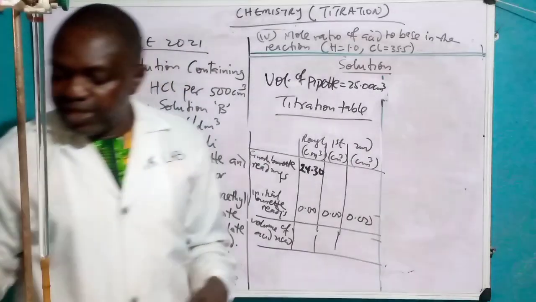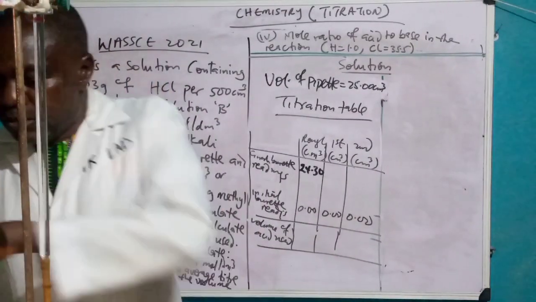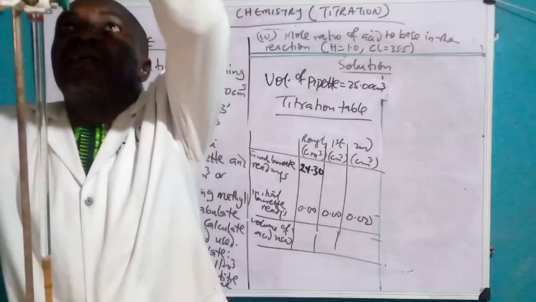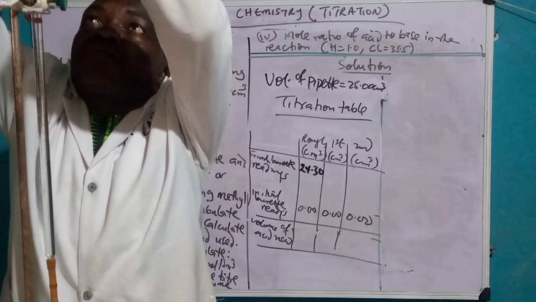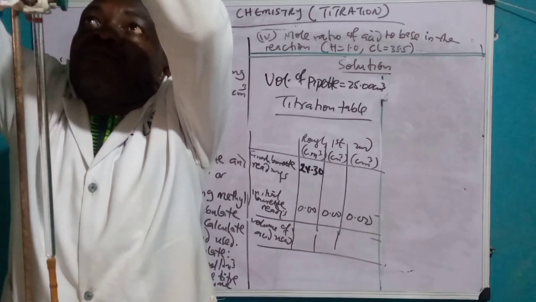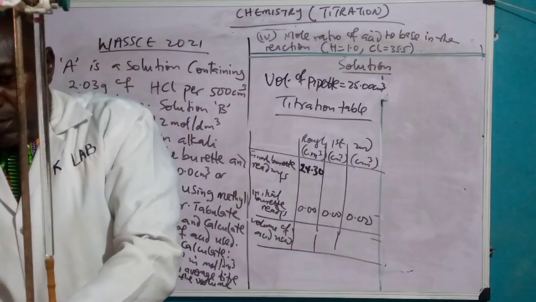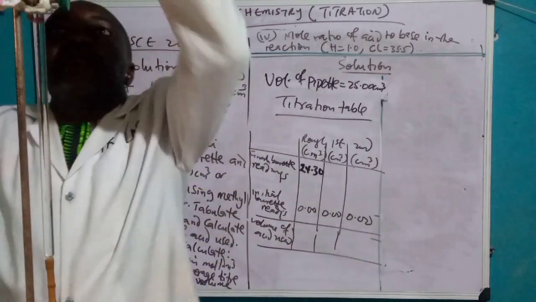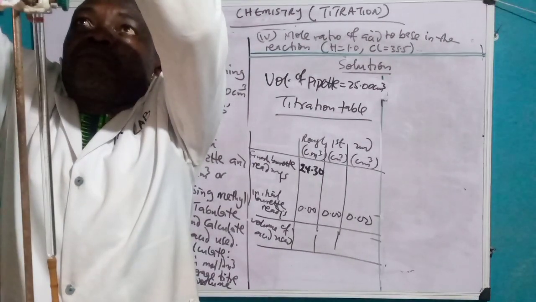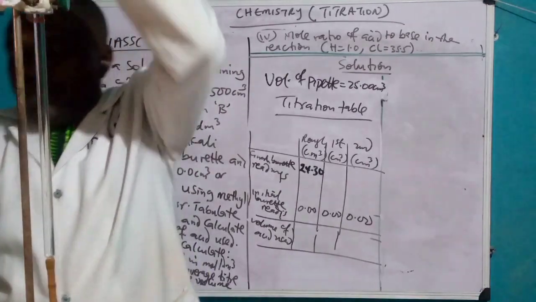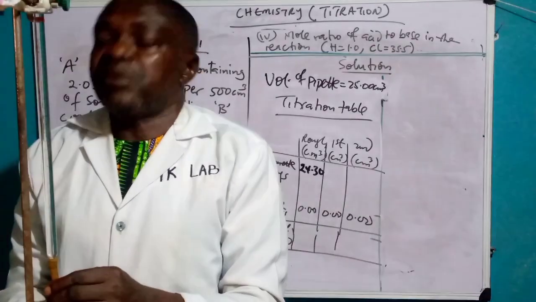So let's refill it again. Since we still have enough acid, we can refill it again. We readjust it to get to 0 mark.